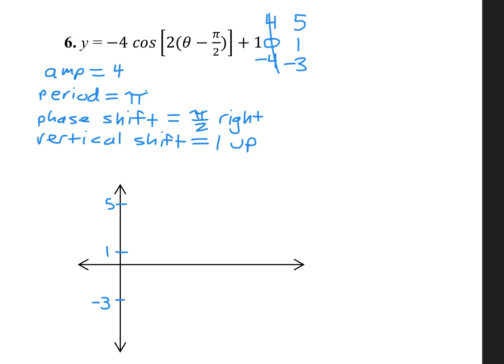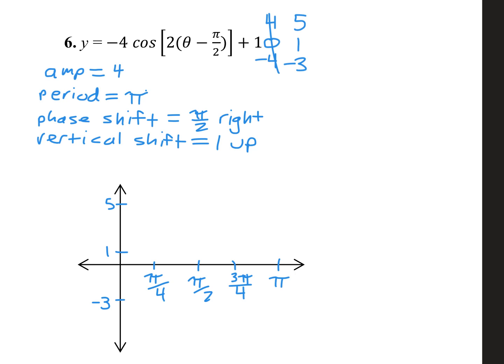All right, because our period is pi, I'm going to put pi right here, cut that into half first, and then cut those into quarters. All right, so in red, I'm going to graph the points without the phase shift, but I will incorporate the vertical shift.